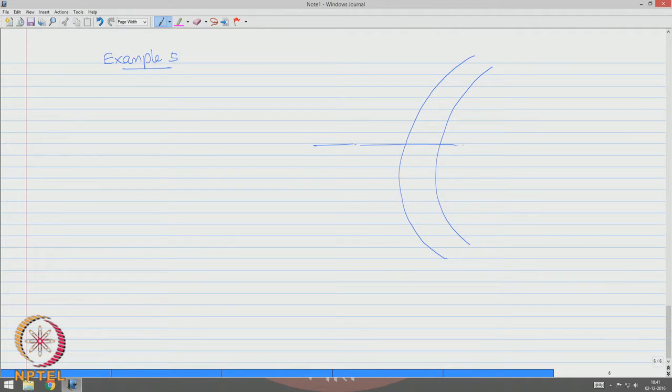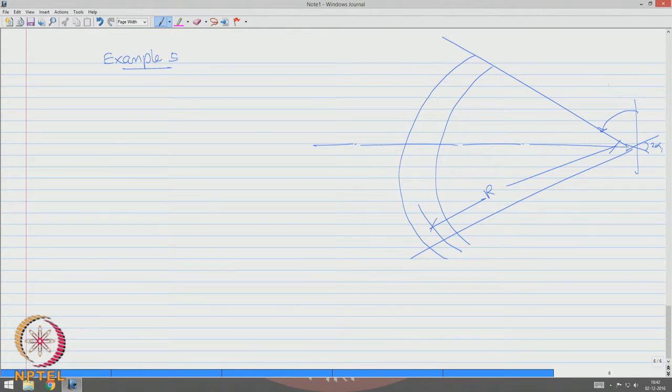Let us say this section has an angle which is extended to be 2 alpha, and let the radius be r, let from the vertical the strip be beta, and let us now cut a strip at an angle theta, and let this angle be d theta.